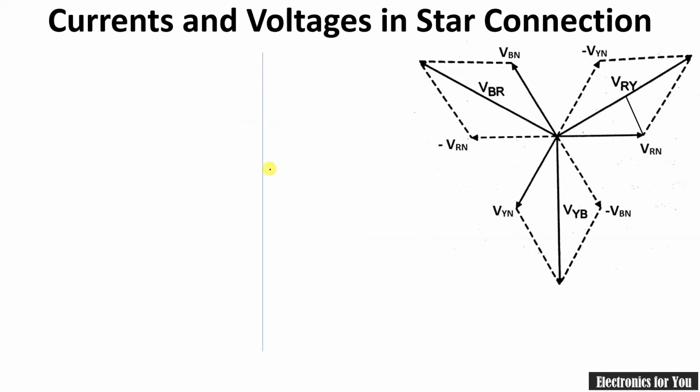This is our diagram. Here we can calculate the relationship between a phase voltage and a line voltage. Now let us assume in this case we have a triangle with vertices L, M and N respectively. So these are the points L, M and N that we have, and we have already said that VRY is equal to VRN minus VYN.